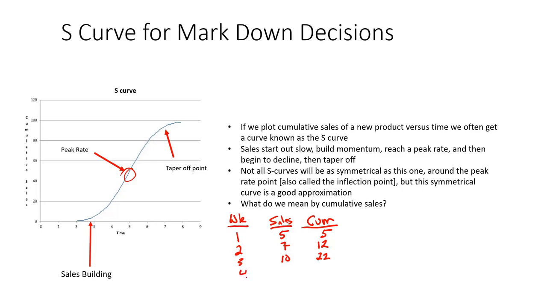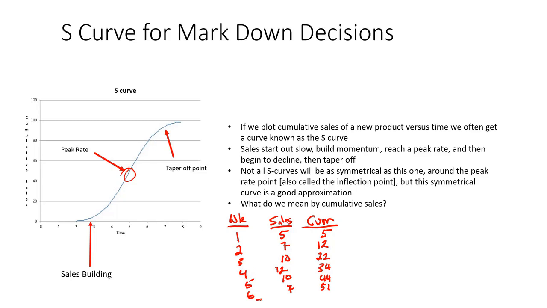In week 4, we might sell 12 units of product, and now the cumulative sales are 34. In week 5, we may sell 10 units, and now cumulative sales are 44. And then in week 6, we might sell 7 units for cumulative sales of 51.